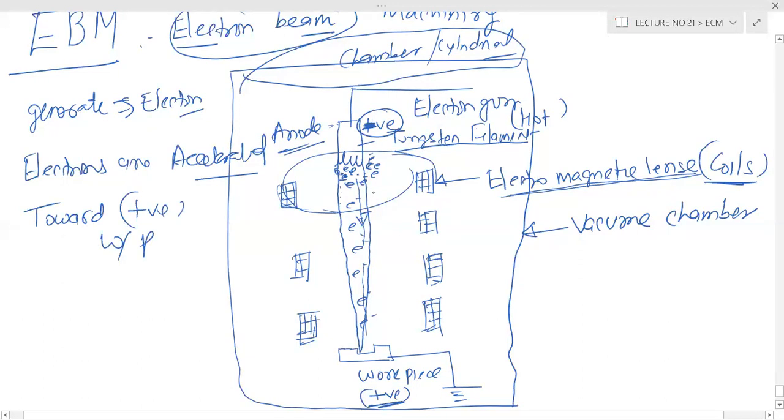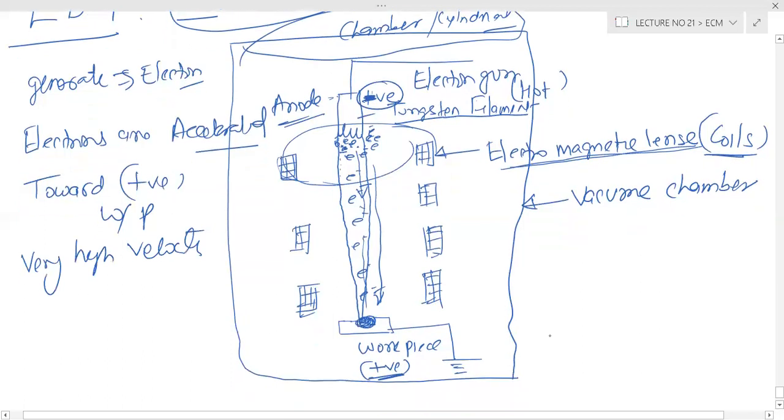So electrons hit with very high velocity. And when they collide, heat is generated, and finally melting and evaporation of the workpiece happen.